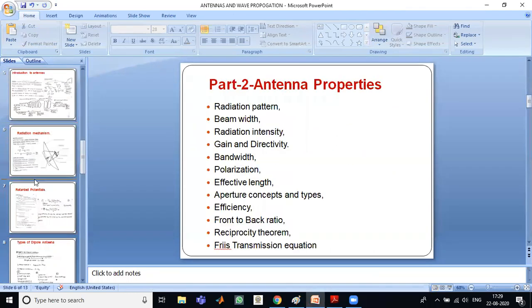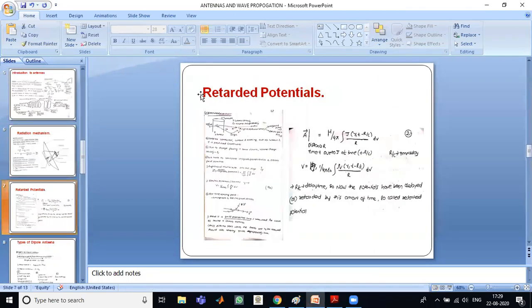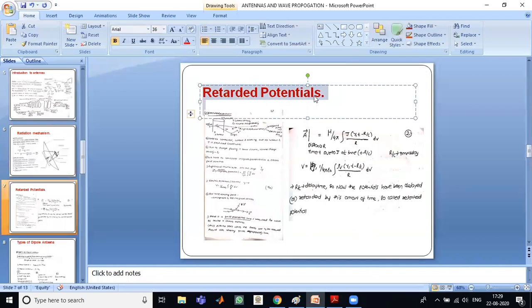Now, next we will go to the retarded potential, which is the second topic of the first unit, part 1. Retarded potential.